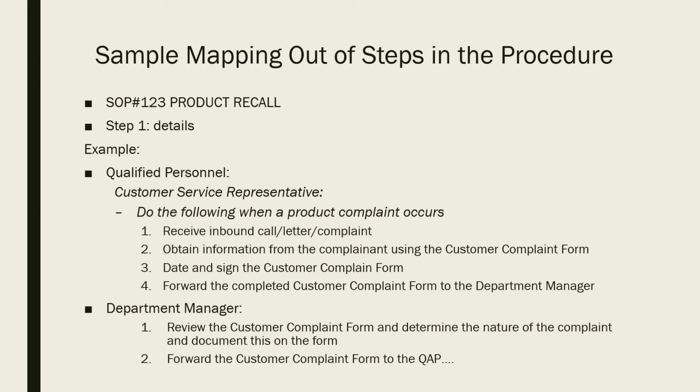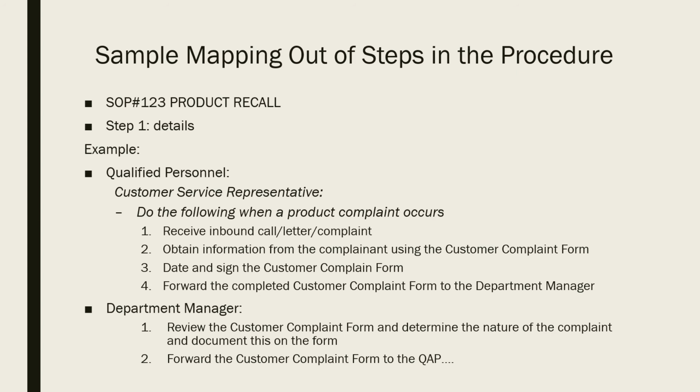Step 1 would be to capture the details. So an example is you would have qualified personnel, and in this case, the qualified personnel that we will start with for this example is the customer service representative. The customer service representative is instructed to do the following when a product complaint occurs. 1.